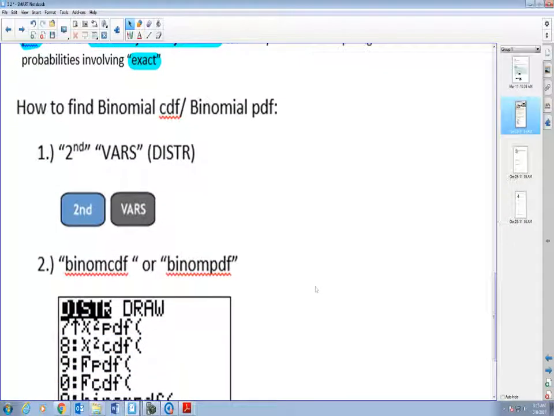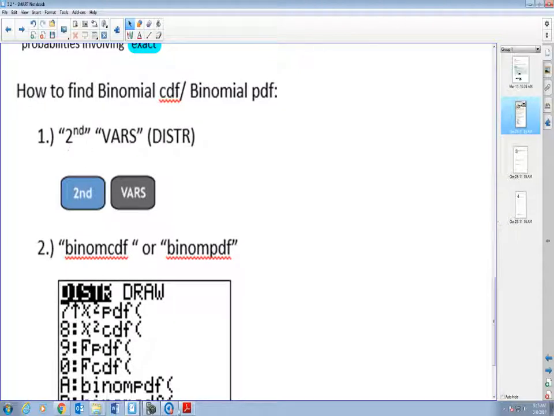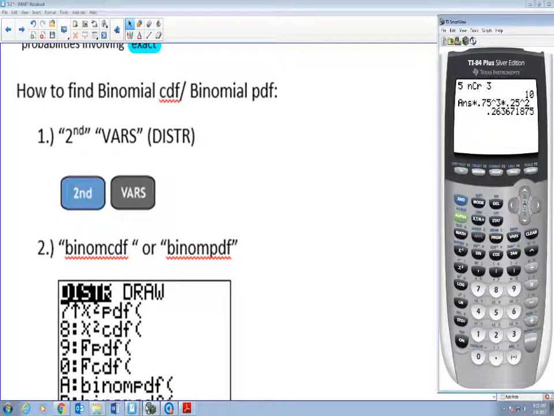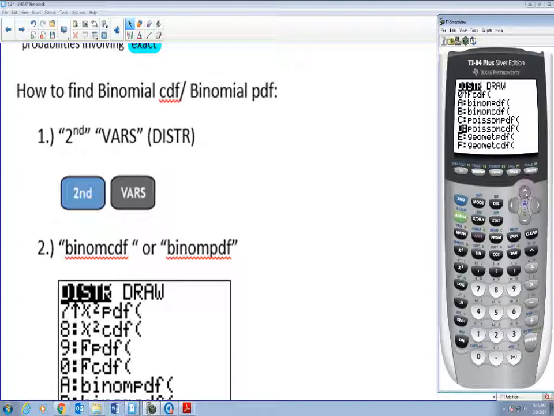So how do you find the binomial CDF or the binomial PDF? We're going to go to second vars. If you press second vars, that's referring to the word distribution. Go up until you see the binomial CDF and PDF.